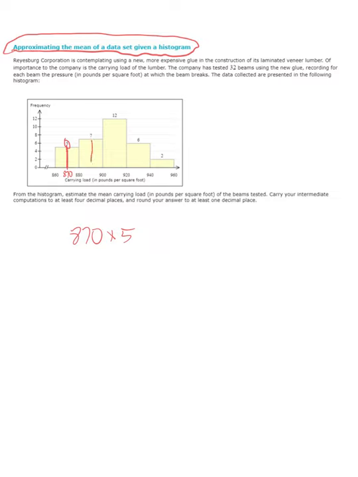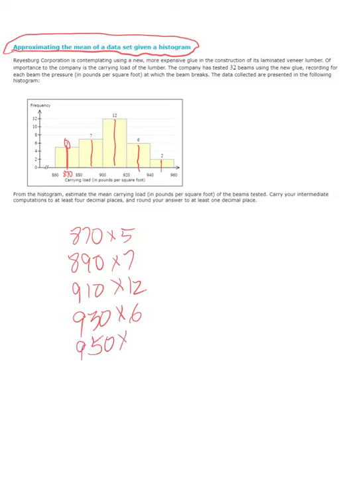Come here and do the same thing in this one. That middle number would be 890 times the frequency. Do it again here. Middle number would be 910 times the frequency. 930 times the frequency. 950 times the frequency.